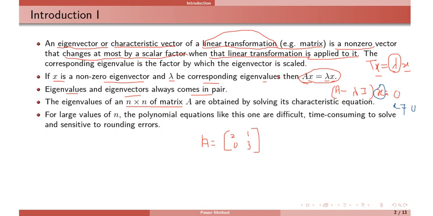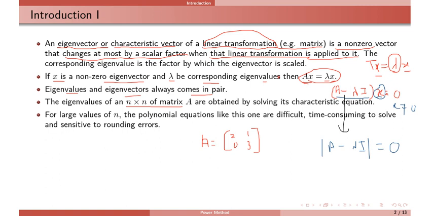So this system of equations (A minus lambda I) x equals 0 always has the trivial solution x equals 0. But to get a non-zero solution, the determinant of A minus lambda I will be 0. This determinant equation will give you the eigenvalue lambda.